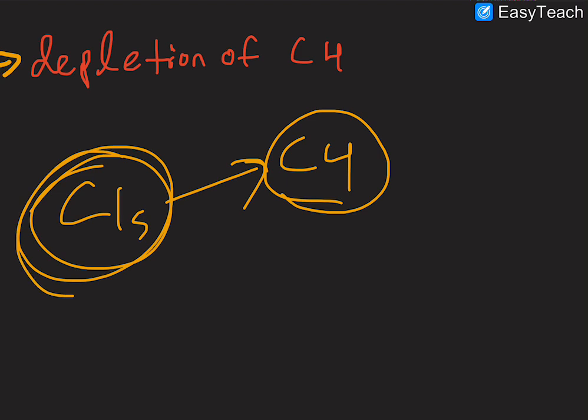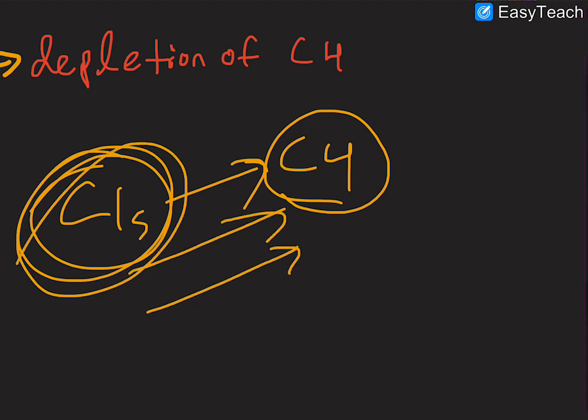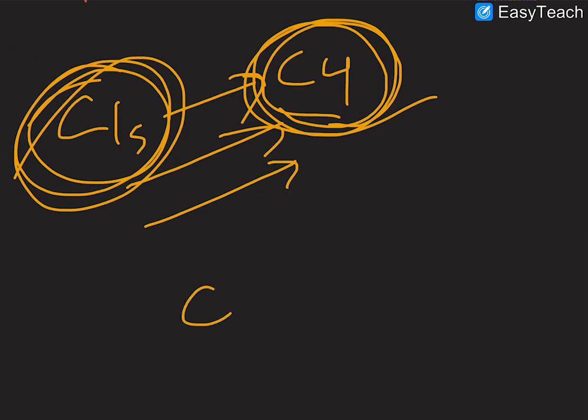So if you're activating C1 a lot, you're going to activate the complement system a lot, and then you're going to consume a lot of C4. The complement system is occurring in an increased fashion due to the deficiency in the C1 esterase inhibitor enzyme.